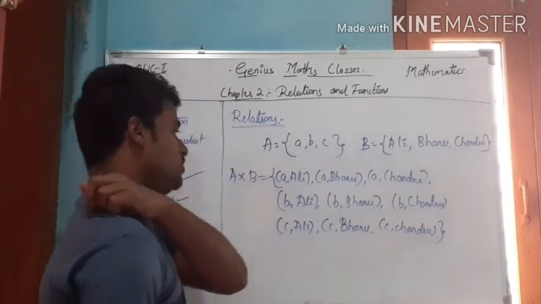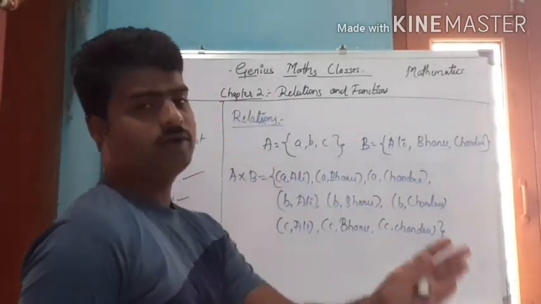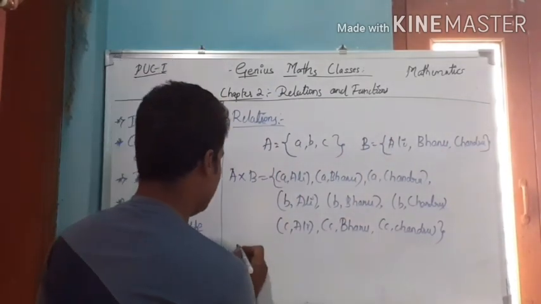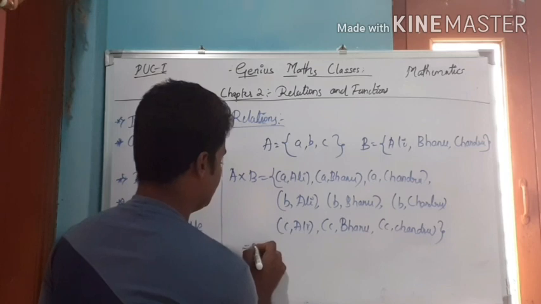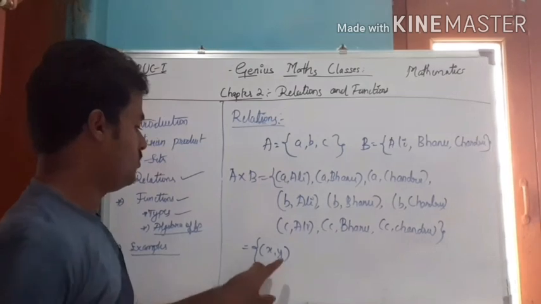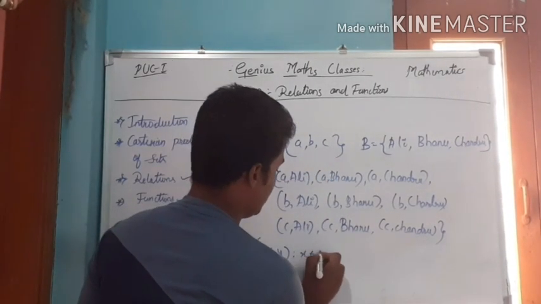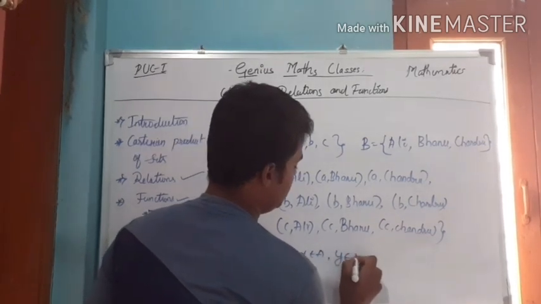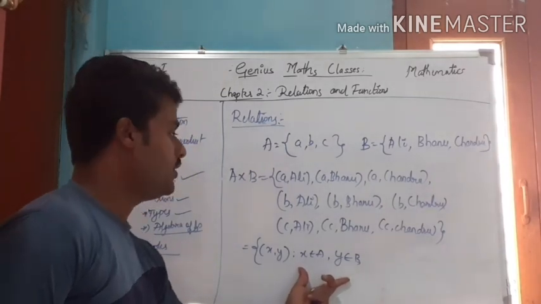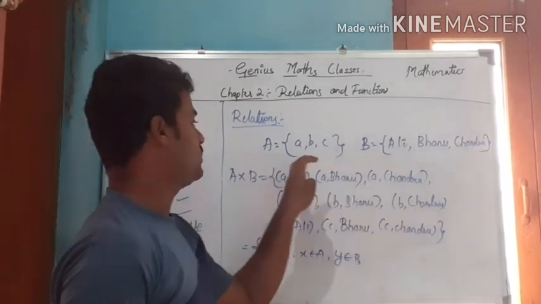Using this Cartesian product, I am going to define the relation between sets. Let me define the relation, that is x comma y. This is an ordered pair where x belongs to A and y belongs to B. In that, I have to define the relation in which these elements must relate with one another.